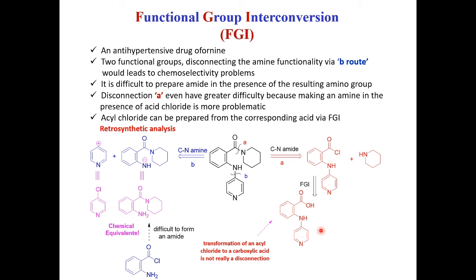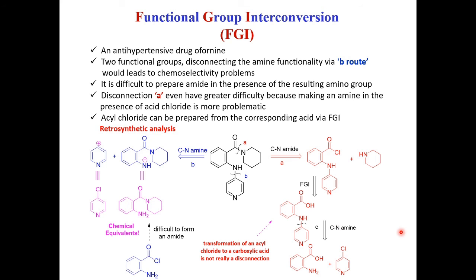Since this molecule is not commercially available, we will go for further disconnections. As our guideline says, if our molecule contains a heteroatom, our disconnection should be next to the heteroatom. So let's disconnect this bond to get simpler starting material.